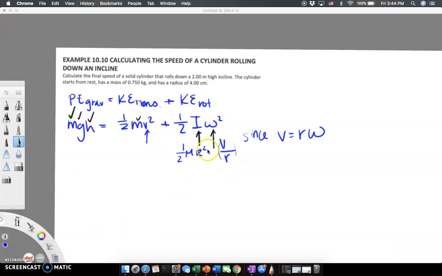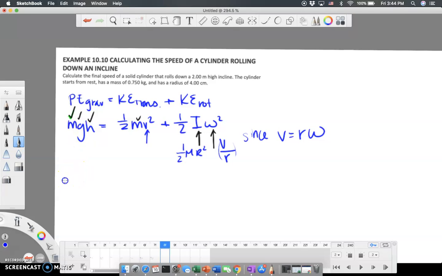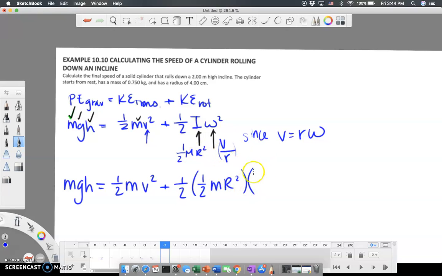So what I'm going to do is plug those in and then try my best to solve for v, and then we can go ahead and solve the problem. Okay, so again we have mgh equals 1/2 mv squared plus 1/2 times 1/2 mr squared times v over r, this whole thing squared.